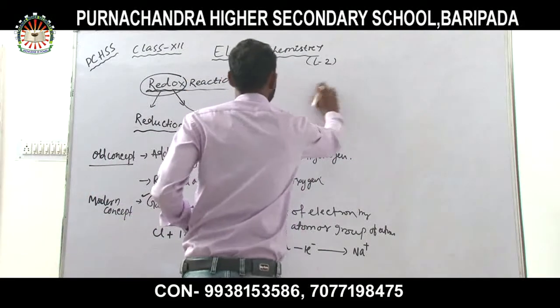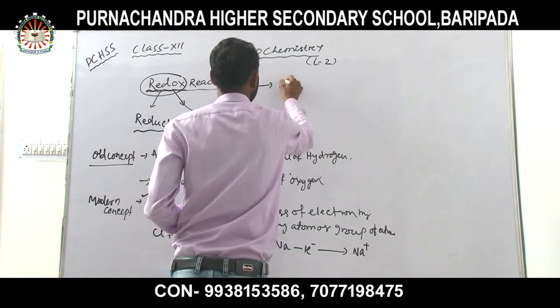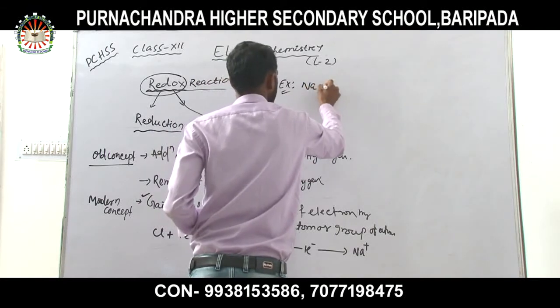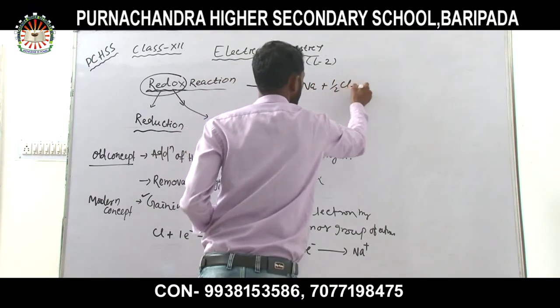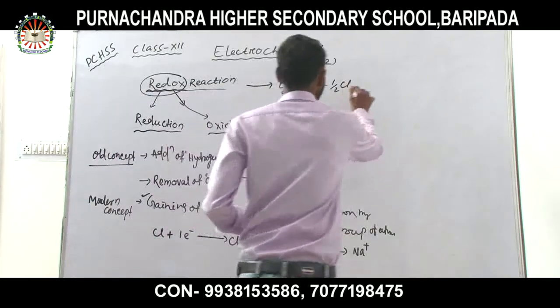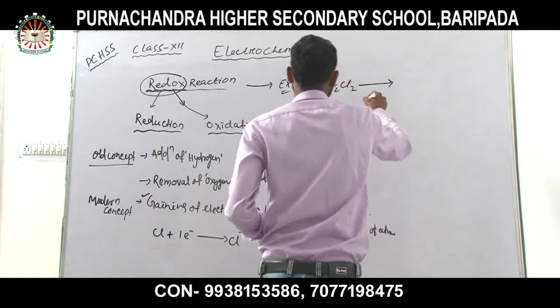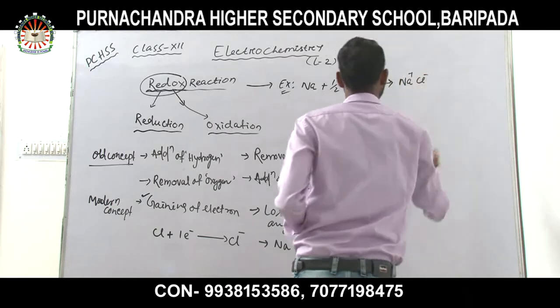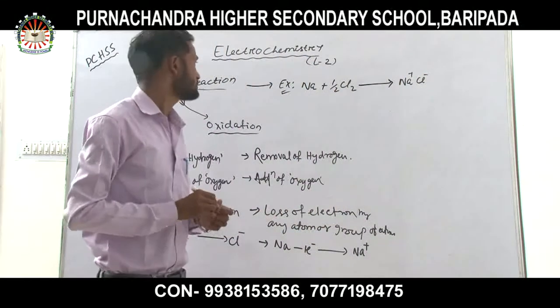So the examples of redox reaction: suppose Na plus half Cl2, that is the chlorine molecule, forms Na plus Cl minus, or the compound NaCl.